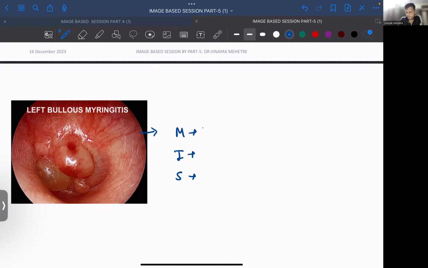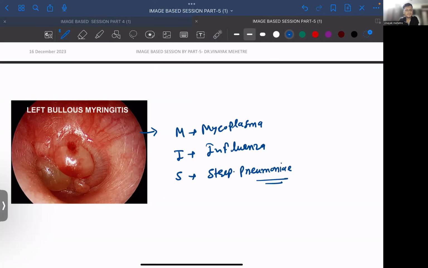First is Mycoplasma, second is influenza, and third is Streptococcus pneumoniae. These are the causes.